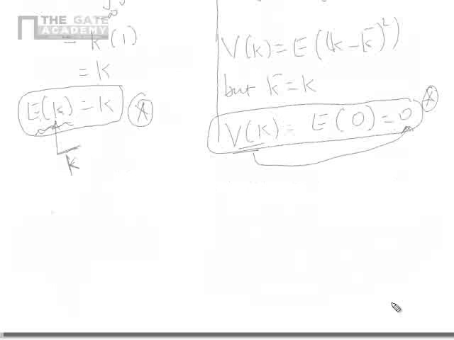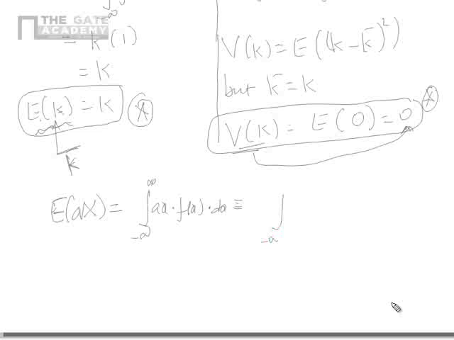So now what is the expectancy of Ax? The expectancy of Ax will be the integral from minus infinity to infinity of Ax f of x dx. This is nothing but A times the integral from minus infinity to infinity of x f of x dx.